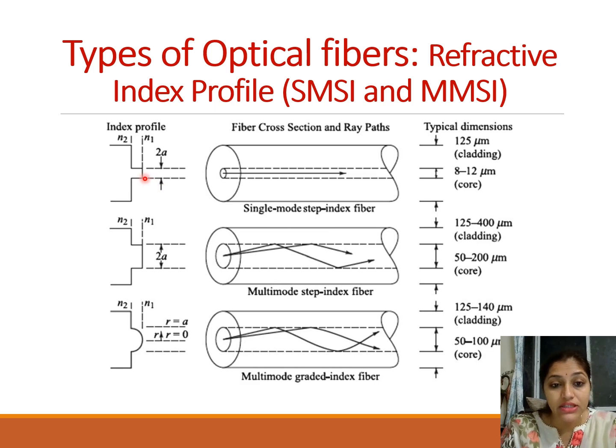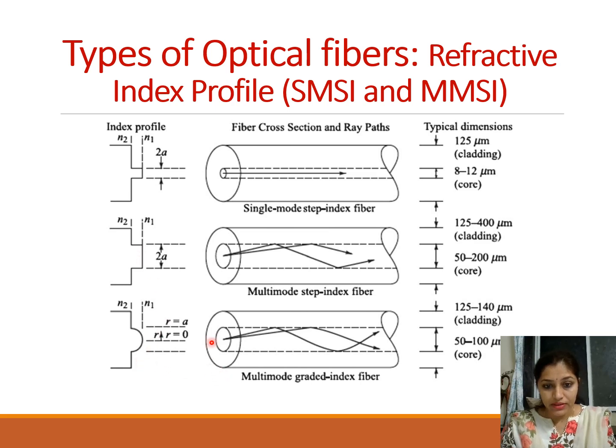Step index means there is a step change in refractive index of core and cladding. So refractive index of core is constant, and then there is an abrupt or sudden change in refractive index of cladding. Here also refractive index of core is constant, and then a step change or abrupt change is present.